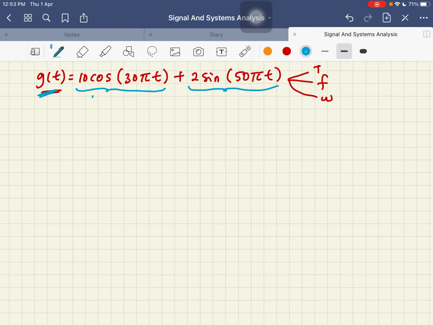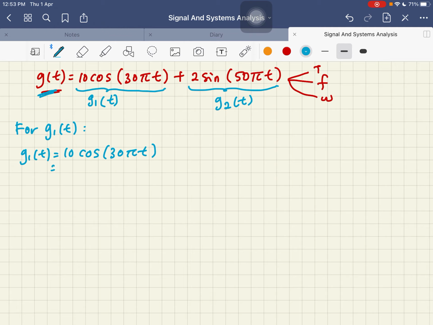So let's say I call this signal g1 of t and this g2 of t. So for g1 of t, which is equal to 10 cosine 30 pi t, now what I can do is make this signal equivalent to the common equation of a sinusoidal signal.